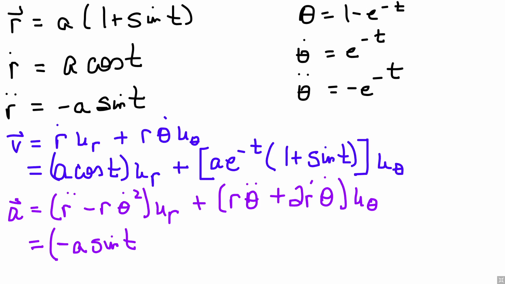Theta dot is negative e to the negative t, but if we square that, it becomes e to the negative 2t. We're multiplying that by r, so I'm going to put the a in front of the e, and then multiply that by 1 plus sine of t, and that's in the u_r direction.